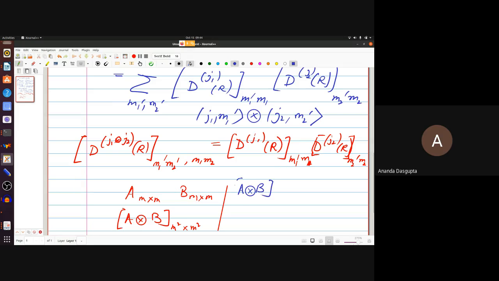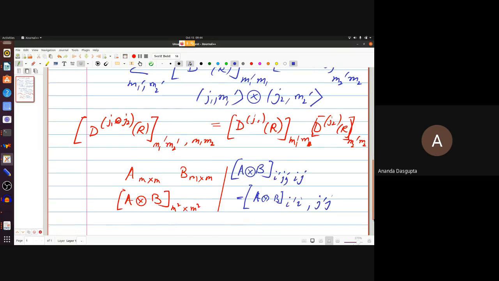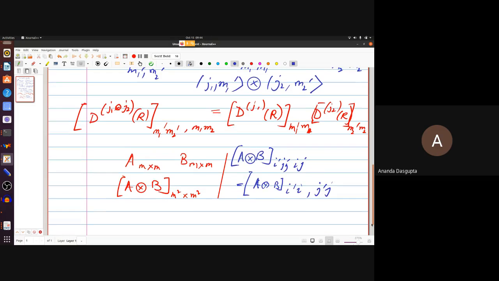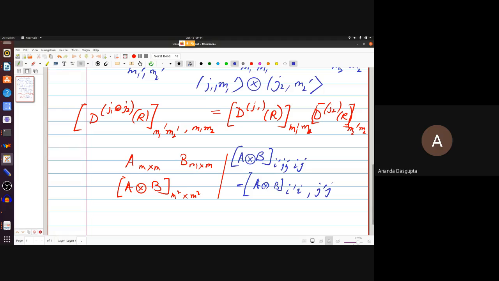A cross B has elements where the rows are indexed by a pair of numbers, and so are the columns, and this is given by A cross B with indices I prime I, J prime J. Okay. So everybody is familiar with this, right? Direct product of matrices, how to actually form them and what they look like in calculations.